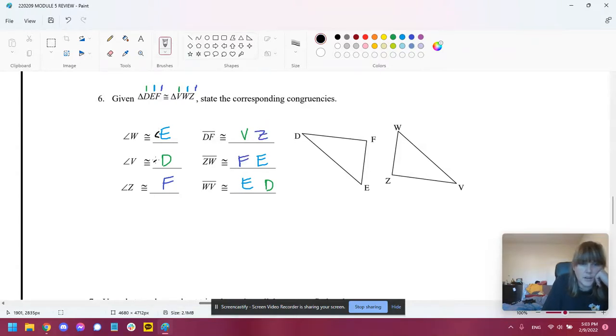And then I should write in angle and then this stuff. If we really wanted to, we could say that E, oh, this is definitely supposed to be an E, not an F. Gross. E and W are the same. V and D are the same.